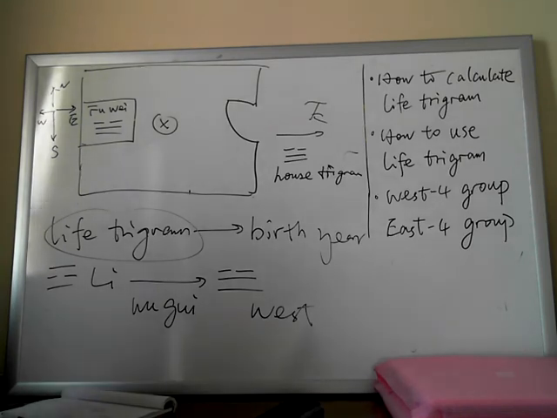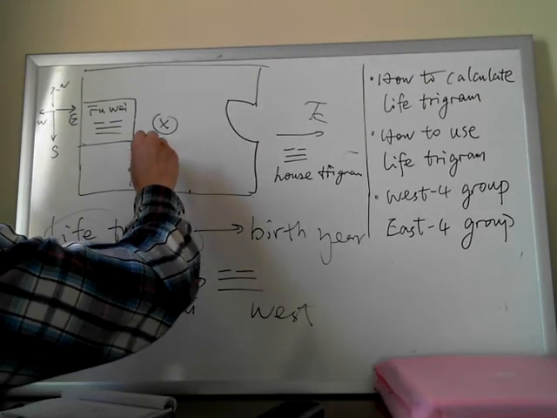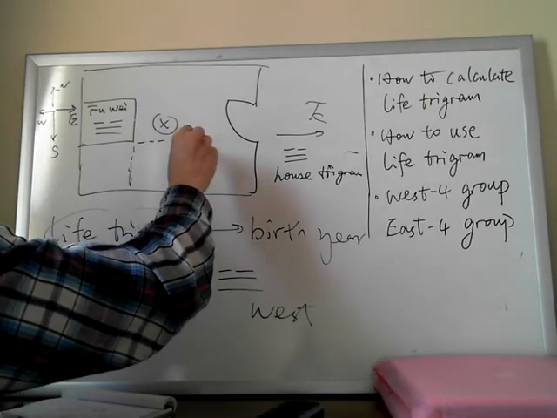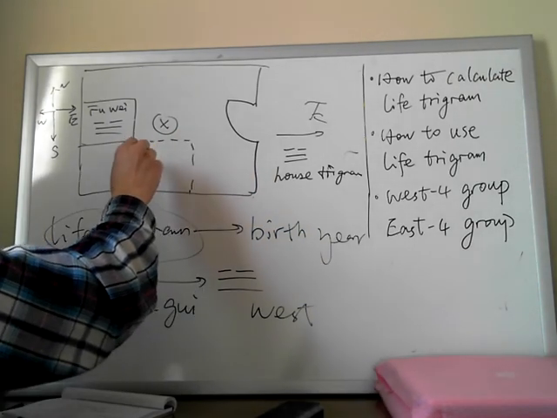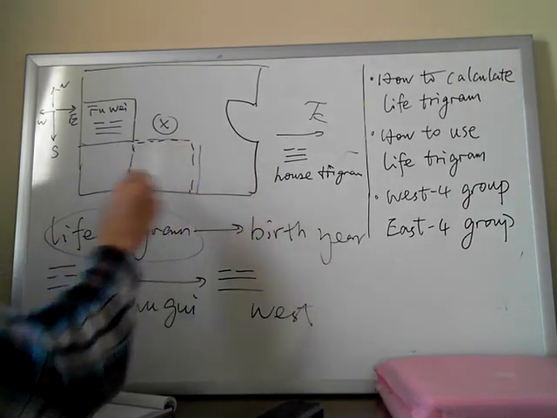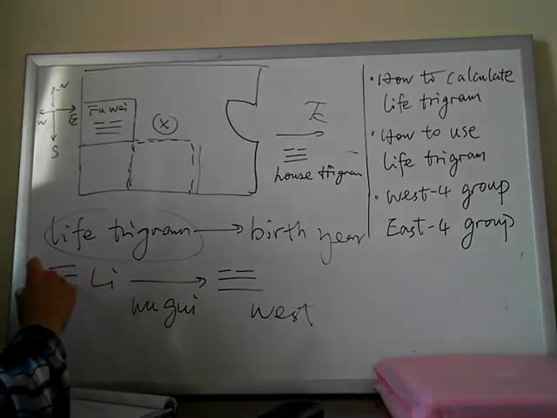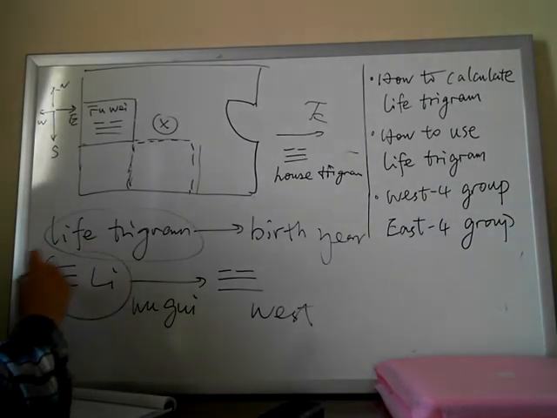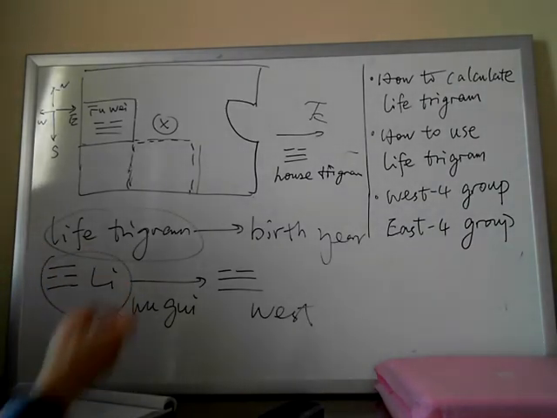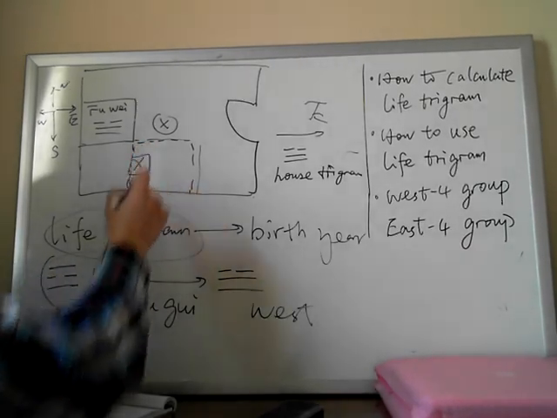If the theory is right, in principle, I can take whatever area of the house. I take this area out, and I would say the Li person cannot stay here. Why?